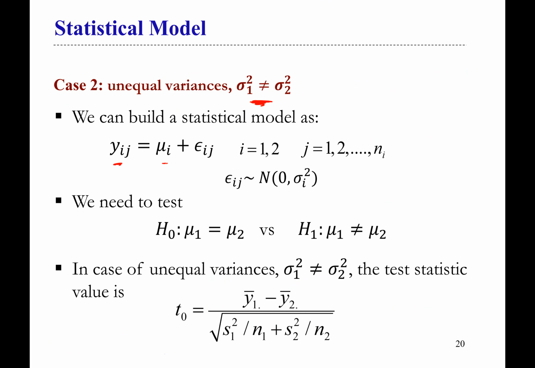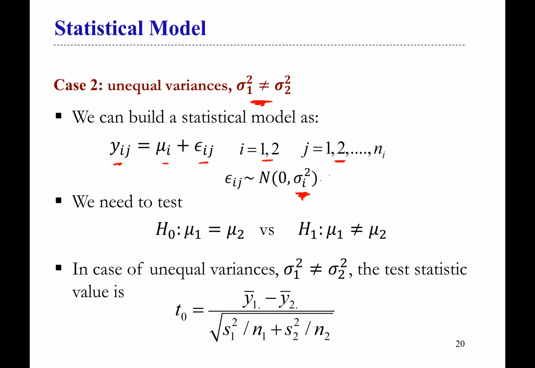Yij equals mu i plus epsilon ij, where i is 1 and 2, two treatments, two fertilizers, and j is 1 up to ni. Nothing changed so far. The only change is that epsilon ij doesn't follow normal with 0 and sigma squared. It follows normal 0 with sigma i squared.